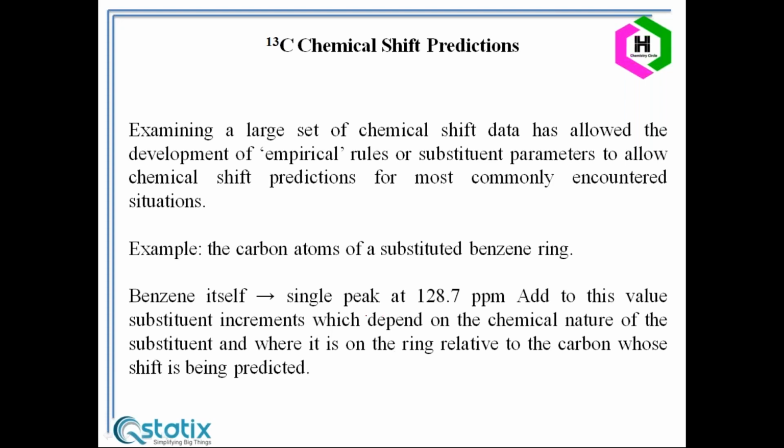For benzene, you can see a single peak without any substituent, and substituent increments can be added to this value, which depend on the chemical nature. While calculating, there is a procedure to calculate the delta values in C13, but in CSIR they are not asking, so I'm going to skip that.